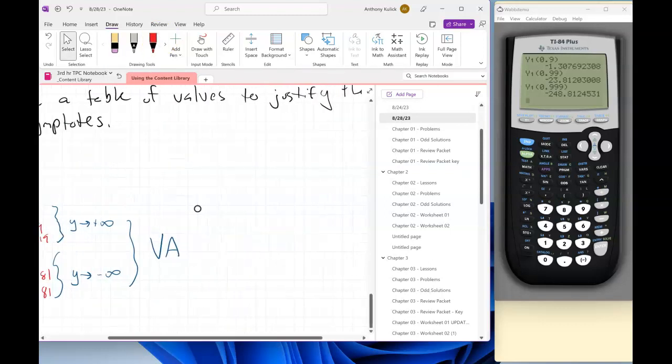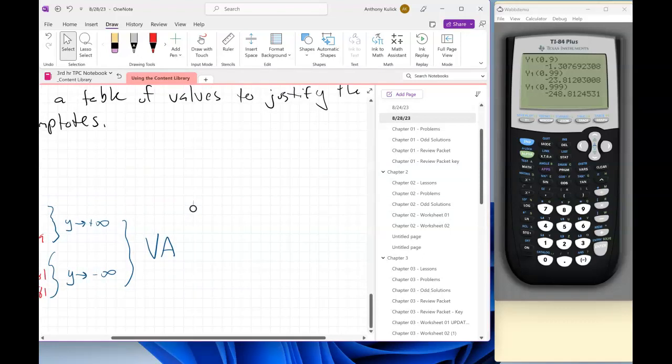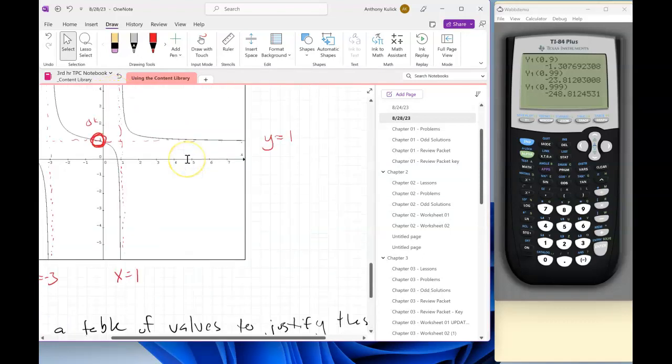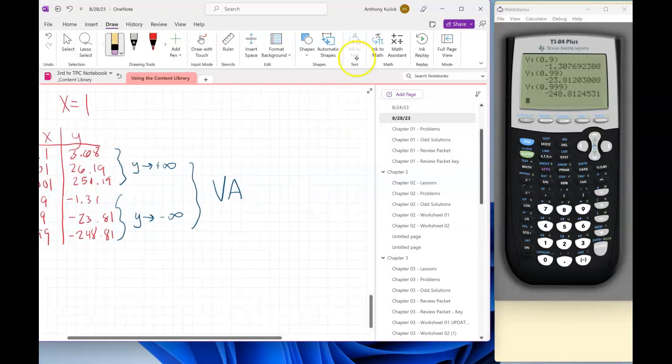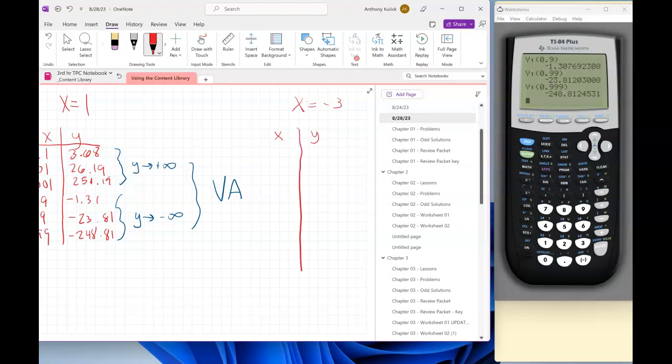Okay, let's do this again now for our other asymptote, which was at x equals, was it 3? Negative 3. Ooh, good thing I checked. So again, I'm going to start the same way. I'm going to start from something a little less than negative 3, and then get closer and closer to negative 3.